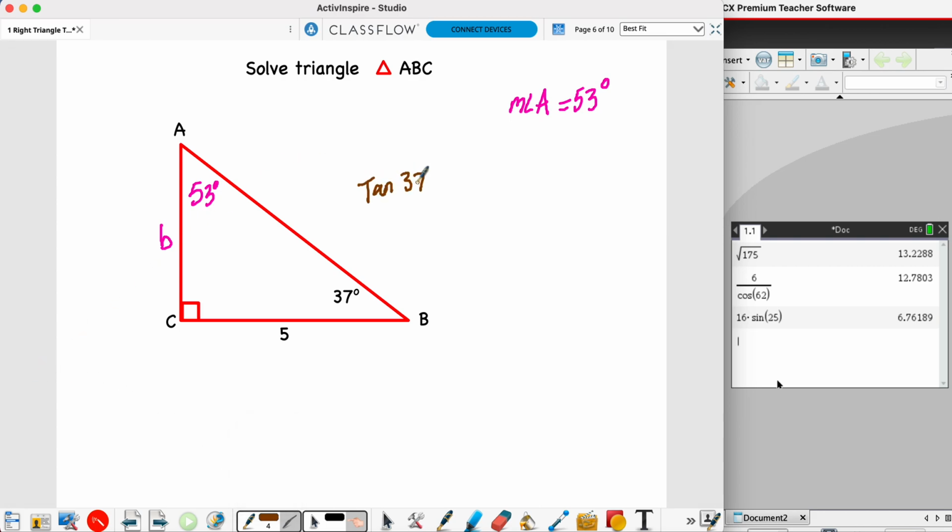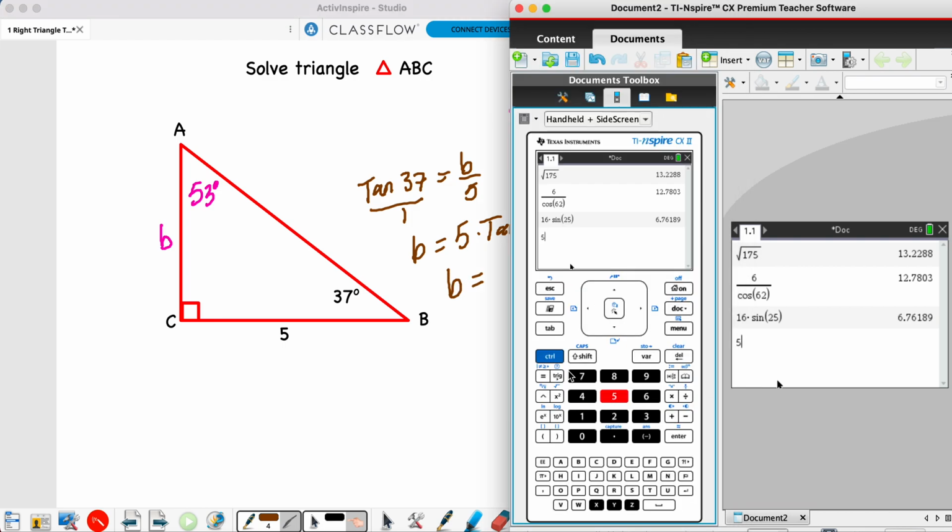Tangent of 37 is equal to b over 5. Cross multiply, b is equal to 5 times tangent of 37. Put that in our calculator, 5 tangent 37. We get 3.77.